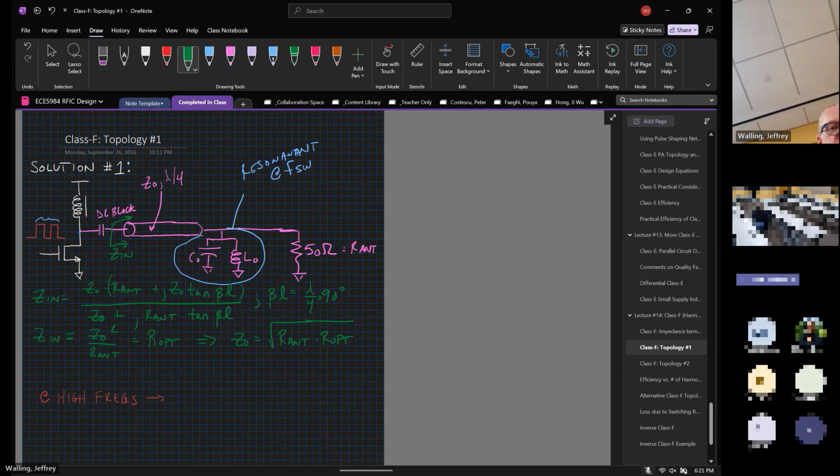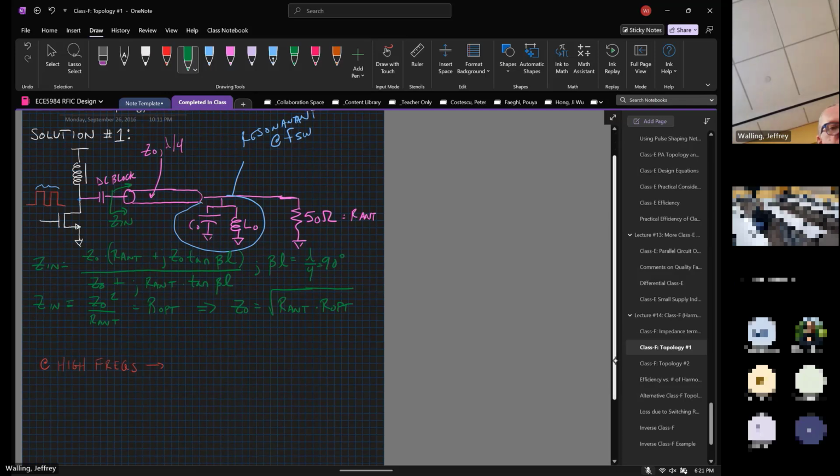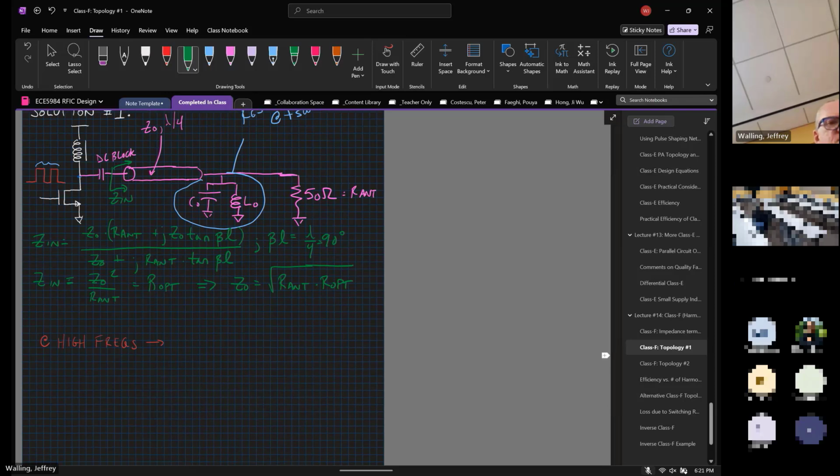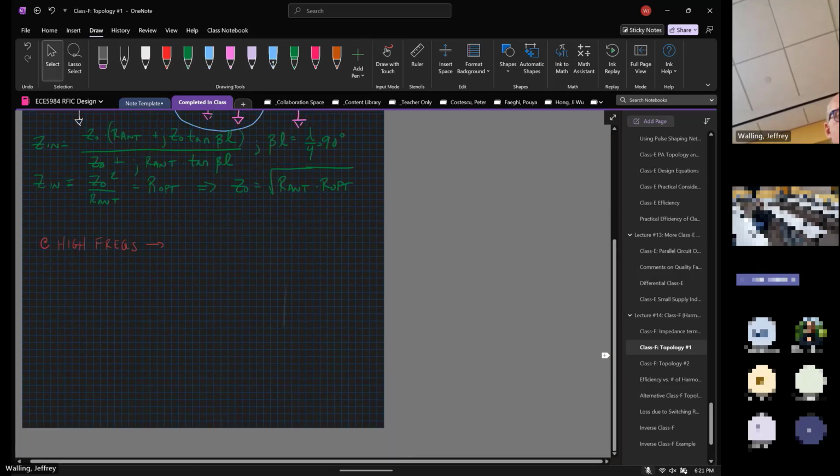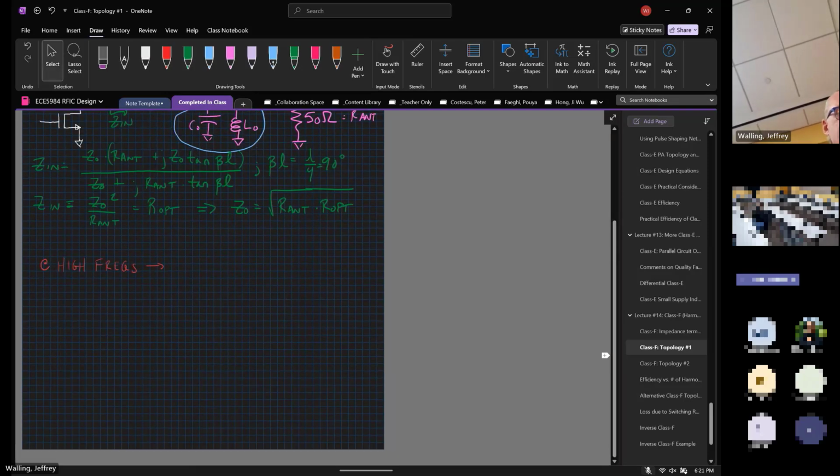Okay, what happens at high frequencies? We have a capacitive short. The capacitor is a short at all high frequencies. The electrical length will effectively be changing as the line sweeps across.